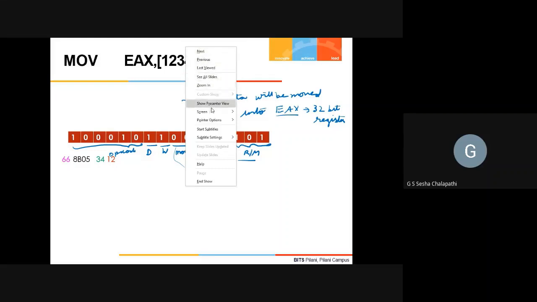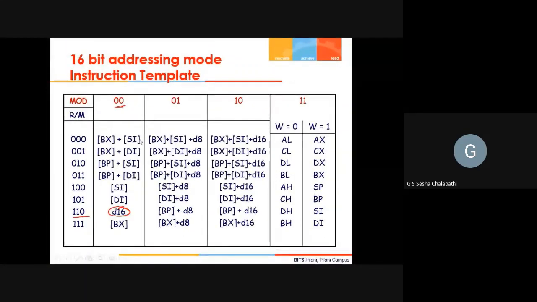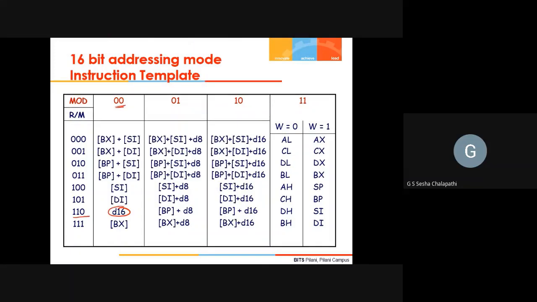Now, because we are using EAX, which is a 32-bit register, and this is possible only in the 80486 or 80386 32-bit version, we have to look at this particular field. Direct address is specified, so you have to look at this particular location.